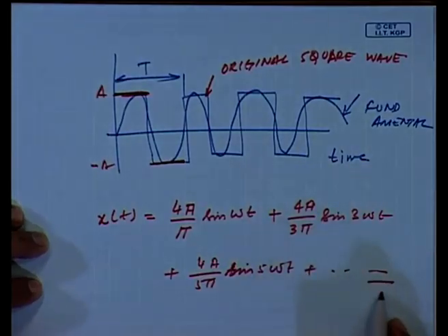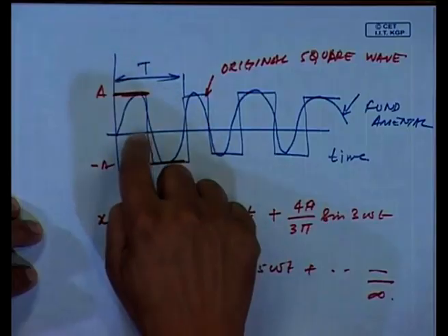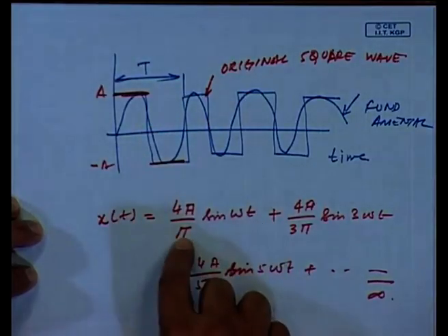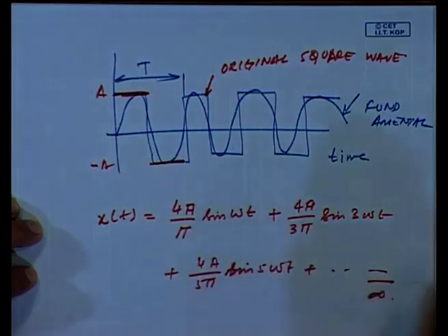And if I take these terms till infinity, if I add them up together, I will get back my original square wave. So, then with confidence I can say, well, I have broken up this square wave by Fourier series into its individual frequency components. So, a square wave is not just a sine wave, but a summation of such sine waves: omega, 3 omega, 5 omega, 7 omega, and so on.